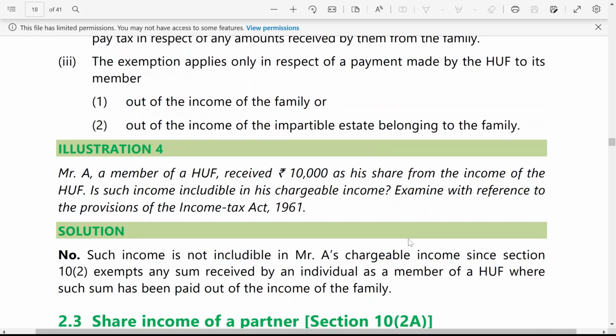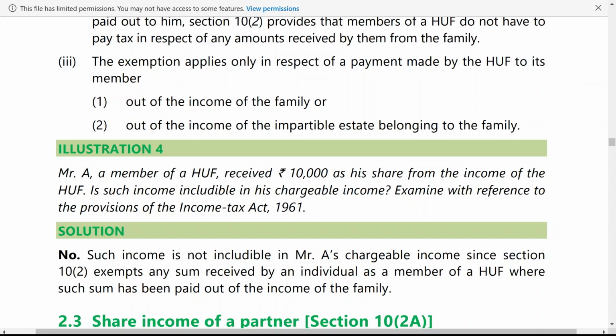So what is the answer? No. Such income is not includable in Mr. A's chargeable income since section 10 subsection 2 exempts any sum received by an individual as a member of a HUF where such sum has been paid out of the income of the family, because the family is already paying tax on it, so there is no need to pay tax by the member.